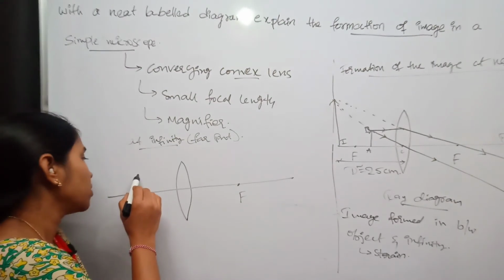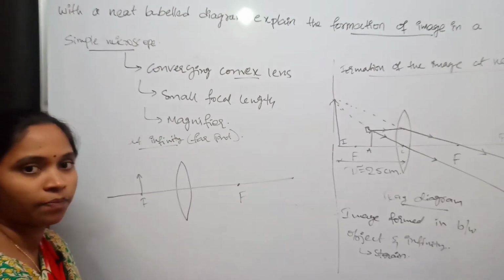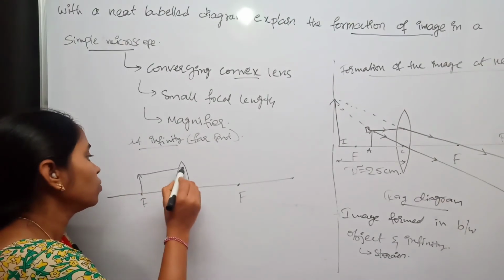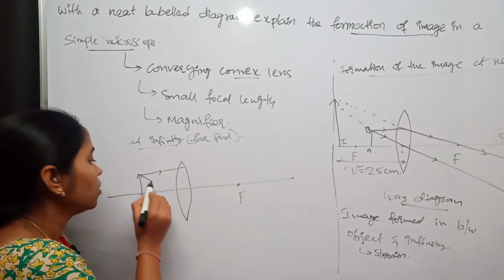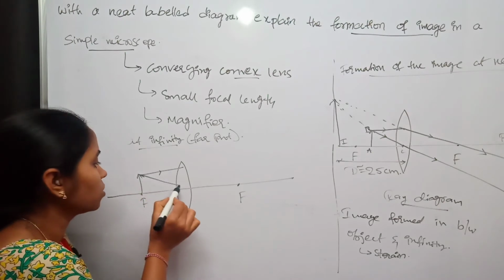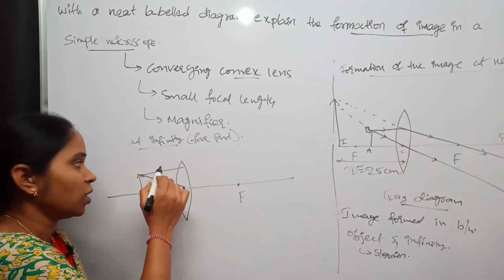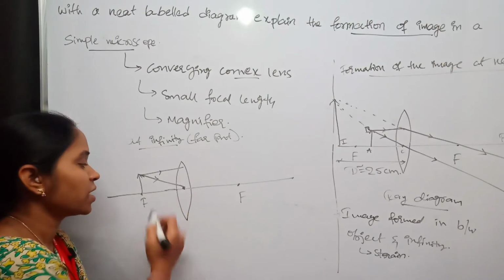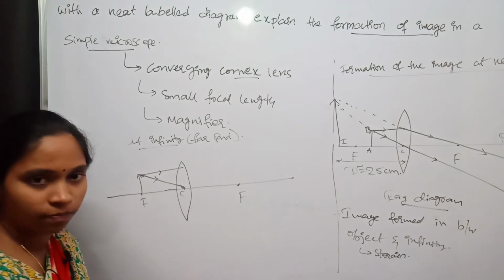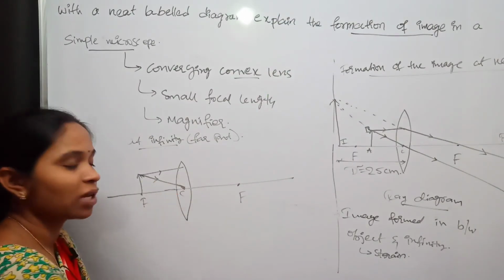The object is placed at one of the focus points. I am choosing two rays from the tip of this object: one ray which is parallel to the principal axis, and the other ray passing through the optic center.